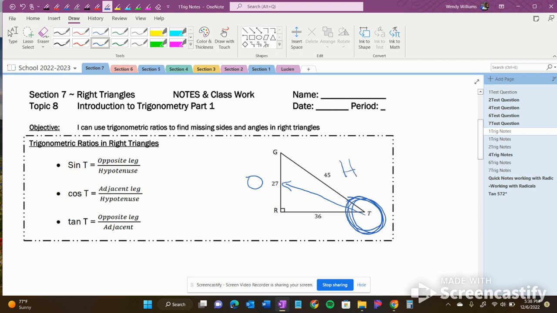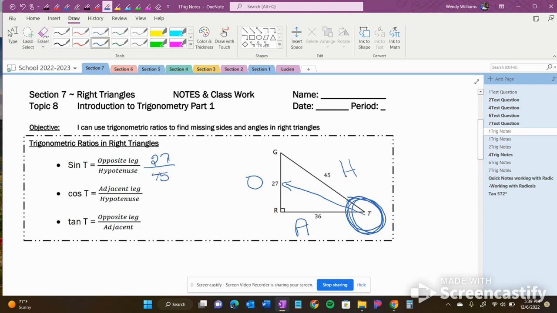And if it's not the opposite and it's not the hypotenuse, it must be the adjacent. And we simply said that sine was the opposite leg divided by the hypotenuse. So that would be 27 divided by 45.